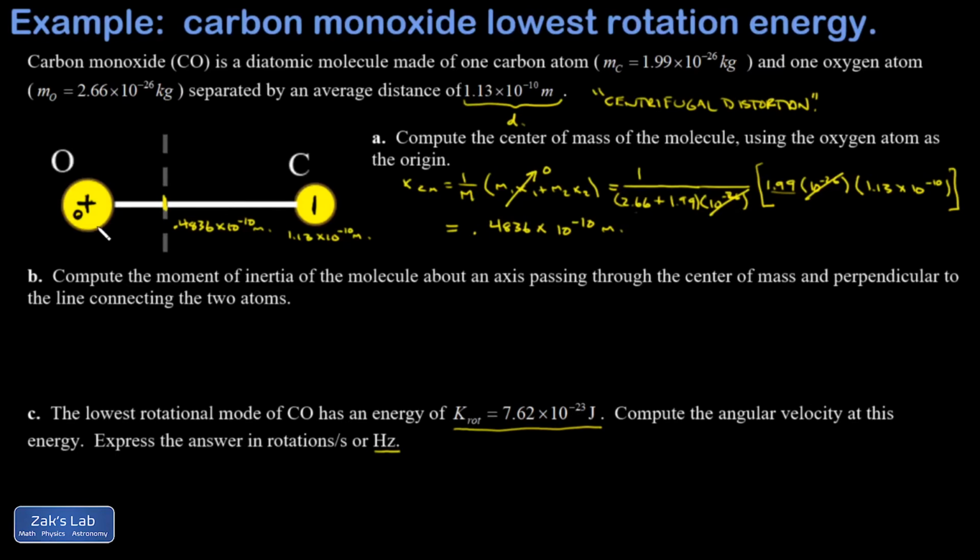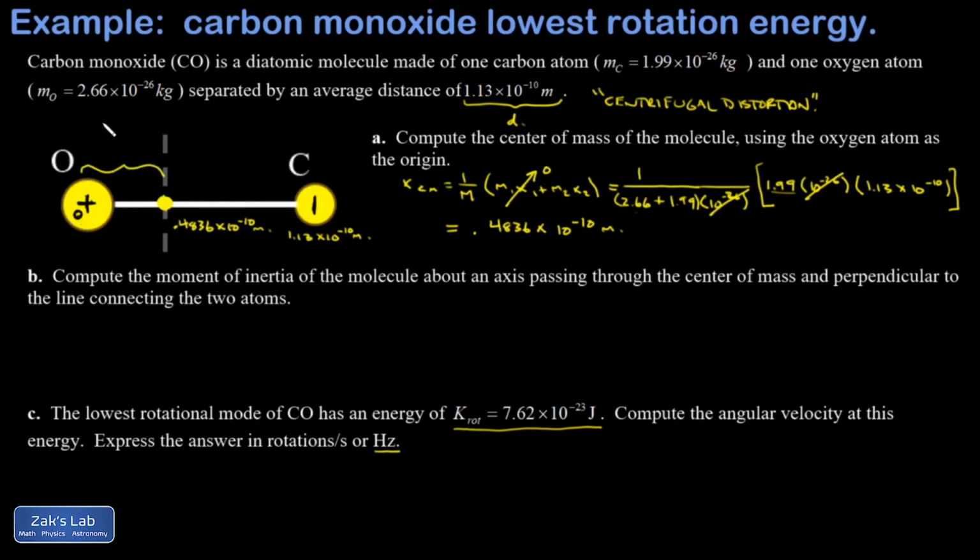In part B, we want the moment of inertia of this molecule about an axis passing through the center of mass and perpendicular to the line connecting the two atoms. So if this thing is spinning, this center of mass point is going to stay stationary, provided the molecule is relatively isolated. And I need to get the distances between each of these atoms and the rotation axis if I'm going to compute a moment of inertia.